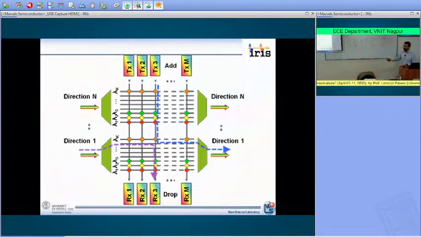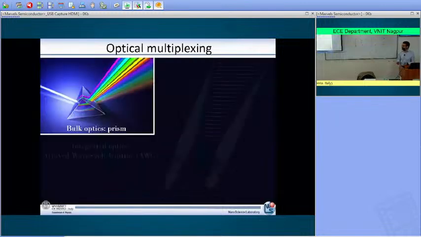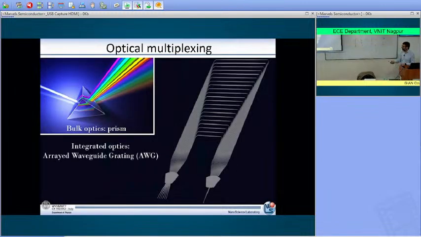The next function that is also very important is the demultiplexing. In order to demultiplex the light channels, we use what is called an arrayed waveguide grating. The arrayed waveguide grating works exactly like a prism.